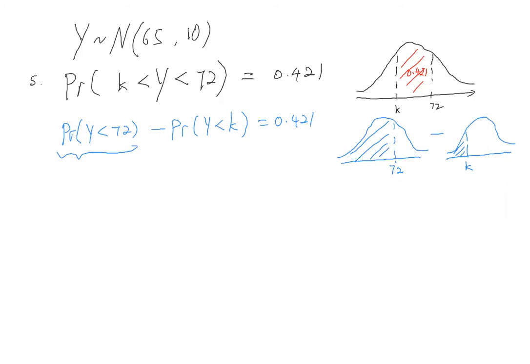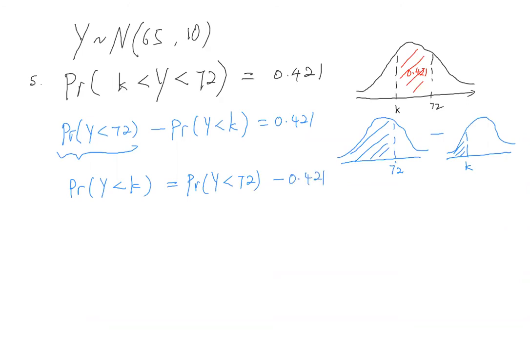Definitely you can, am I right? So please do that. Then you will know your probability of y less than k is equal to probability of y less than 72, take away 0.421.